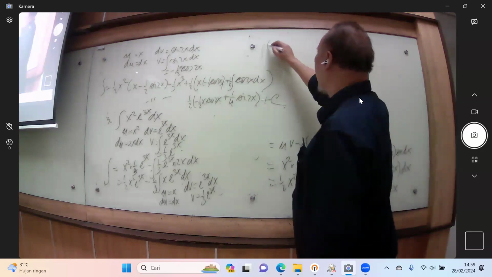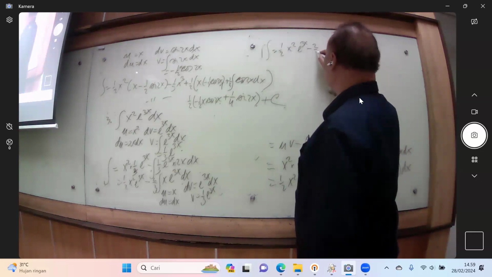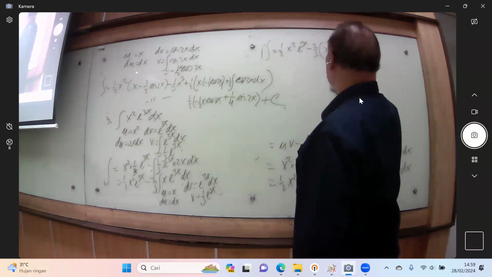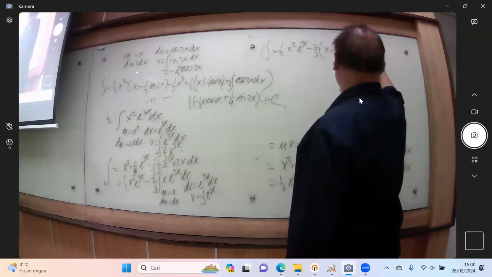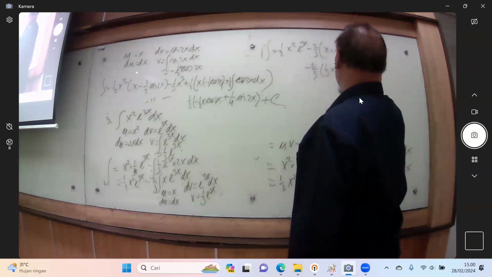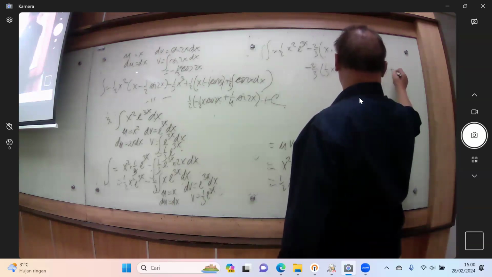The integral now is 1/3 x squared e power of 3x minus 2/3 times x times 1/3 e power of 3x minus the integral of 1/3 e power of 3x dx. And then x e power of 3x minus 3 times 1/3 e power of 3x plus c.